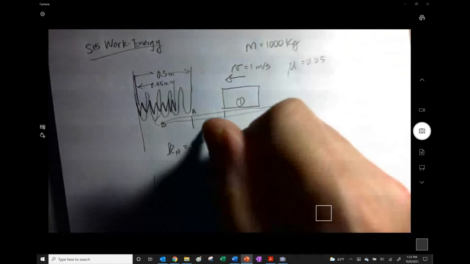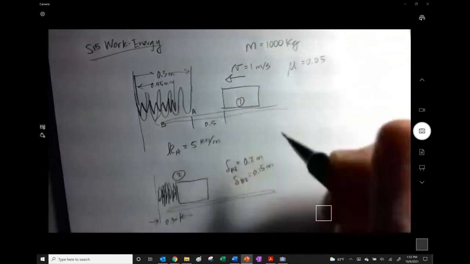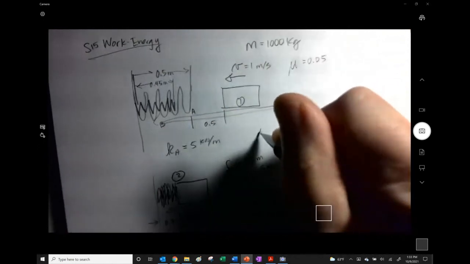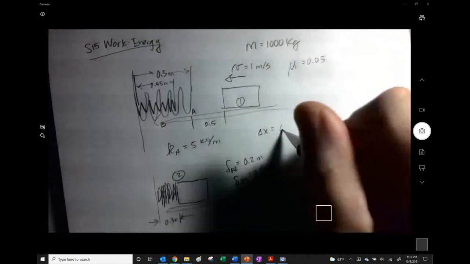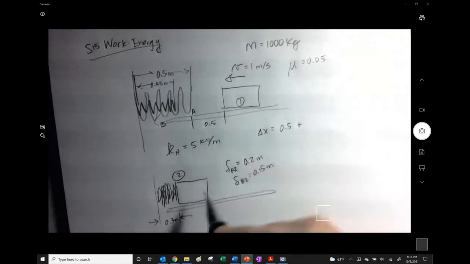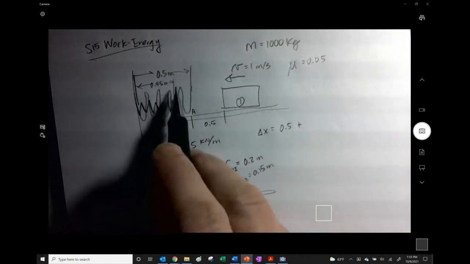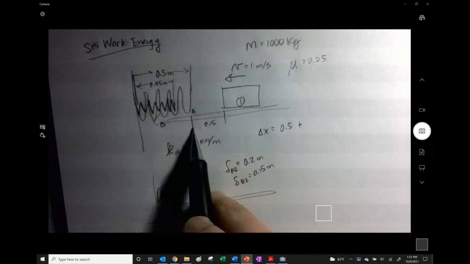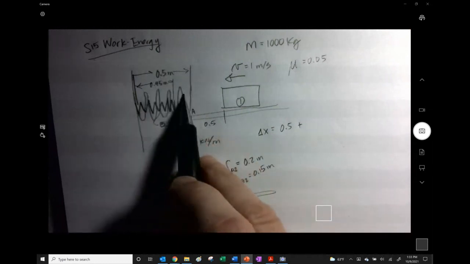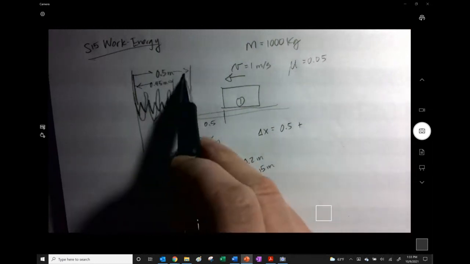And then the distance this has traveled, this right here, is going to be 0.5. So if I was going to say that the delta x that this thing has traveled is going to be the 0.5 plus 0.2, right? Because when it got to right here, this thing got crushed down, so it's 0.3 now.